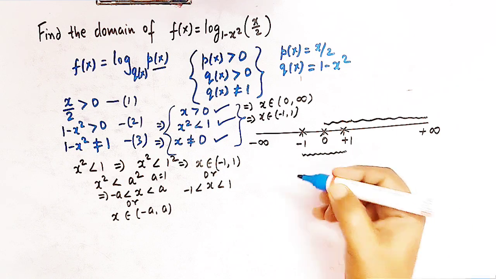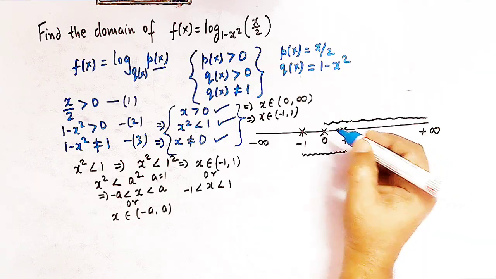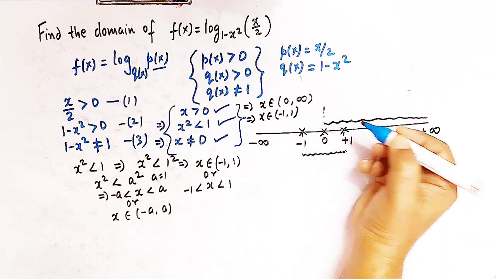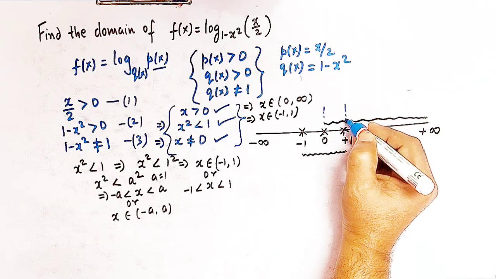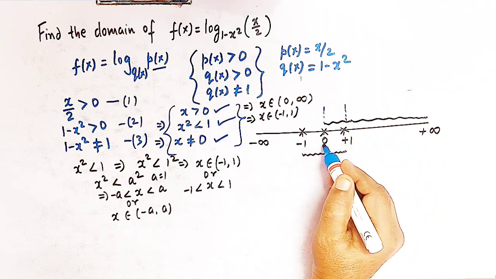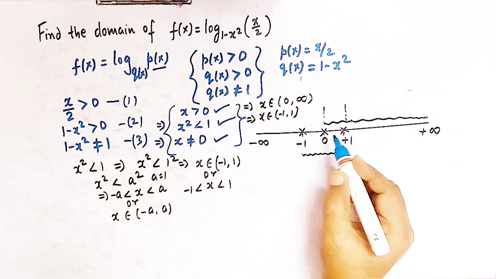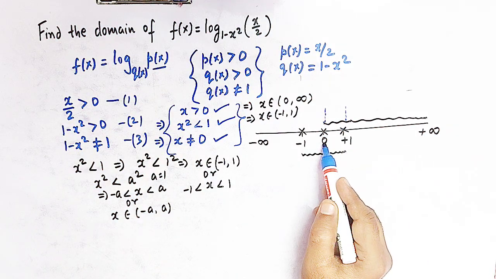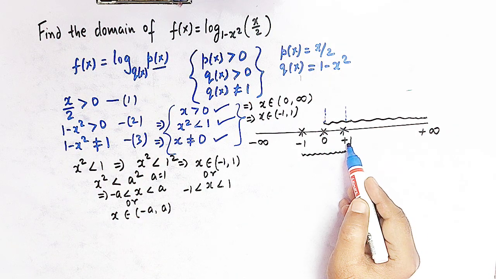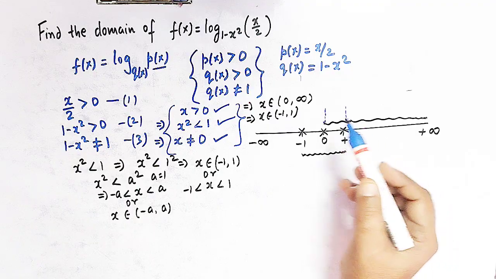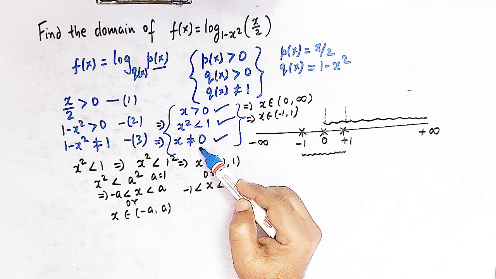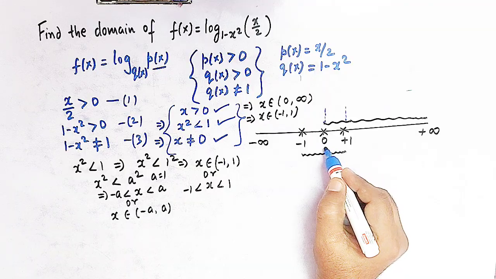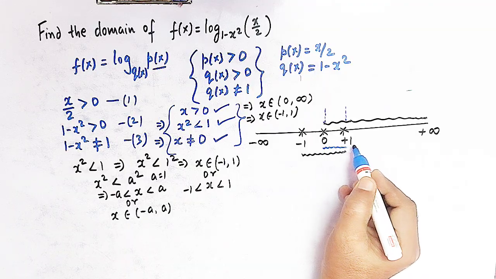Here we can easily see that the common region is from 0 to 1, and remember, x should not be equal to 0 and x should not be equal to 1. So the common region among these three conditions is 0 to 1.